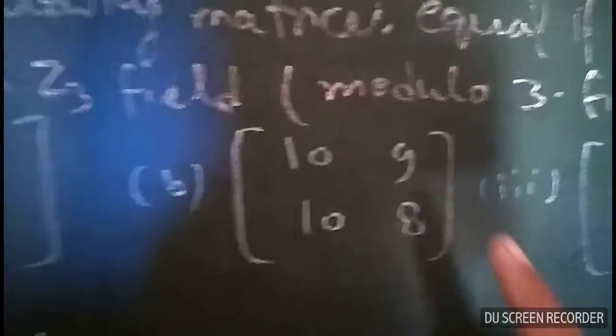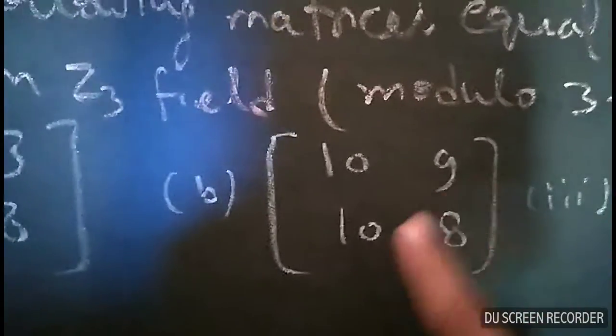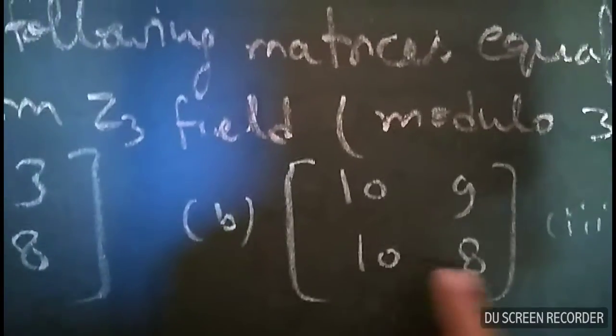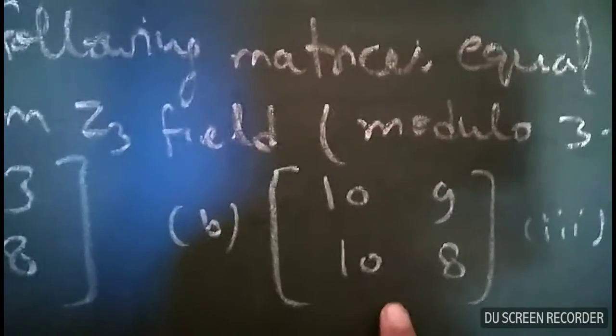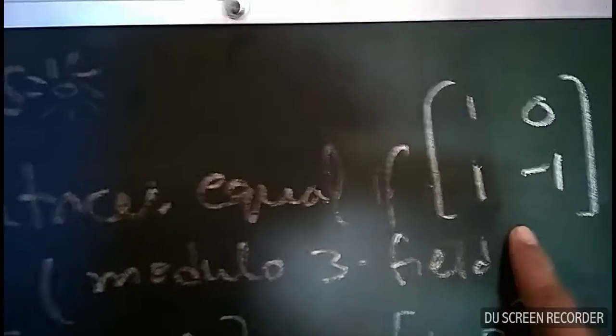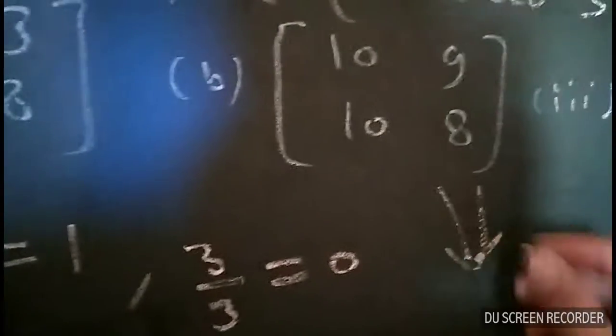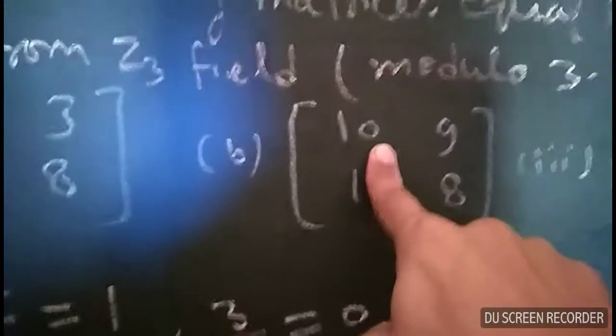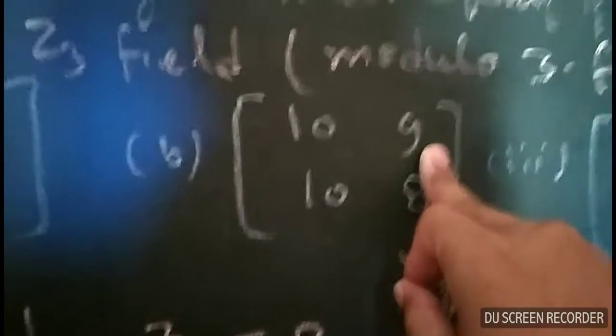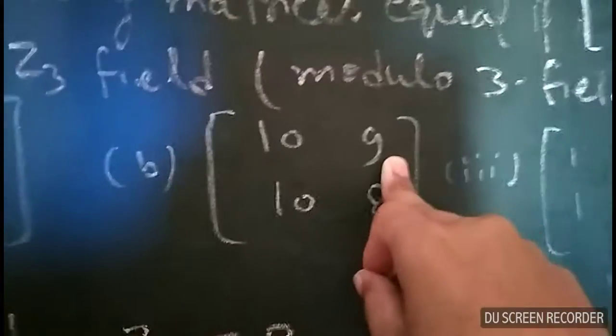Now we check the second matrix, that is [10 9; 10 8]. Is it equal to the matrix [1 0; 1 -1]? For this we check: when we divide 10 by 3, we get the remainder 1. When 9 is divided by 3, we get the remainder 0.